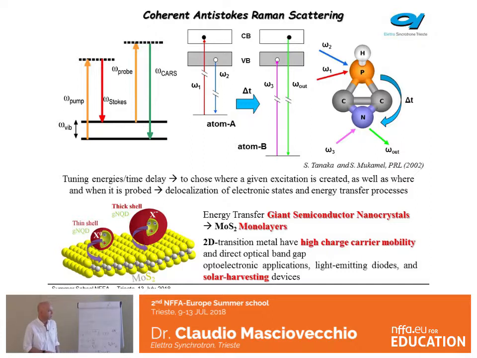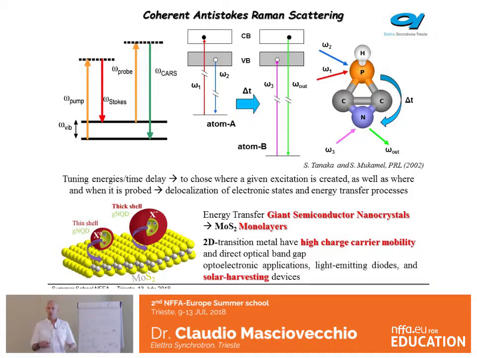And as I said, you can do it in a gas phase molecule, but you can also do it on solar harvesting devices, like in this case where you have a giant semiconductor nanocrystal on this MoS2 monolayer.